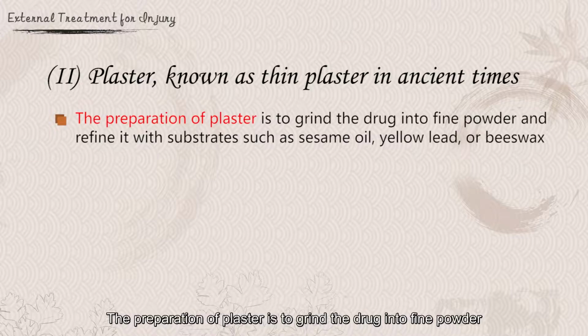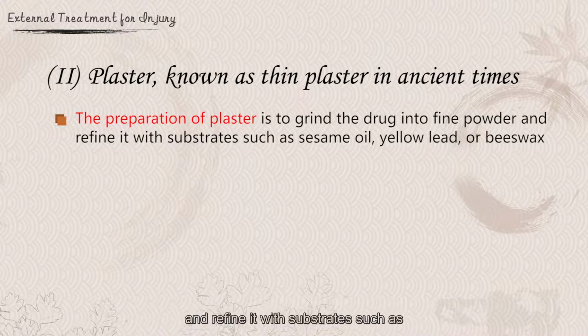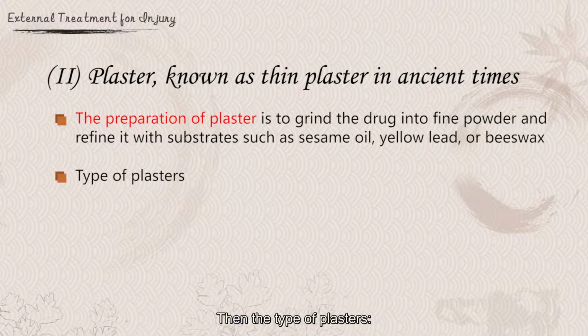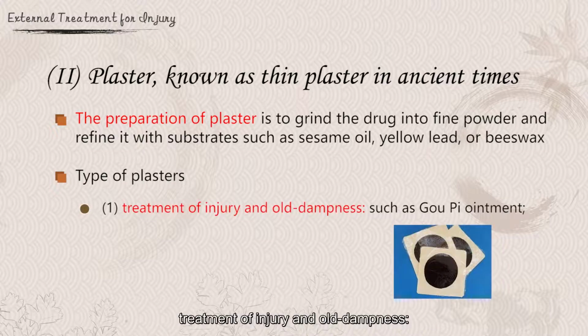The preparation of plaster is to grind the drug into fine powder and refine it with substrates such as sesame oil, yellow lead, or beeswax. Then the types of plaster. So the first, such as plaster, can be divided into treatment of injury and old dampness, such as 狗皮 ointment.